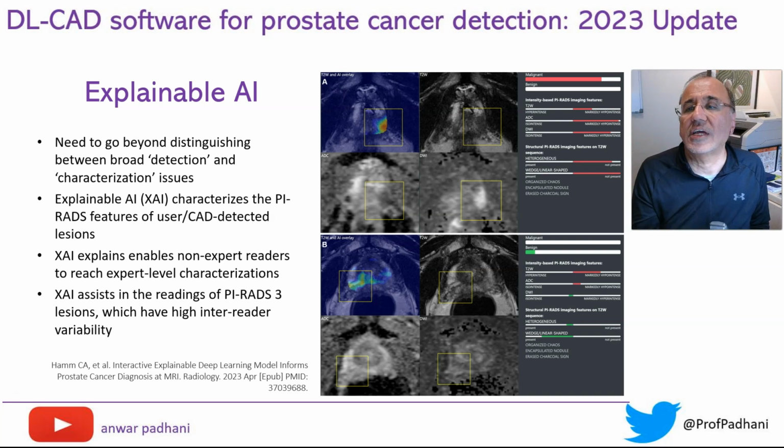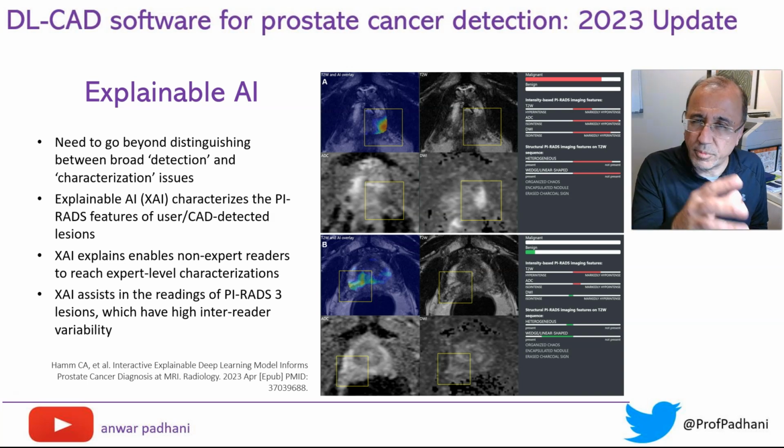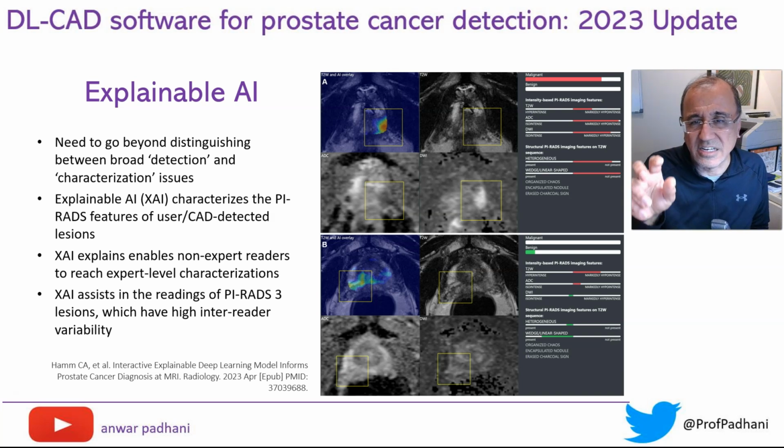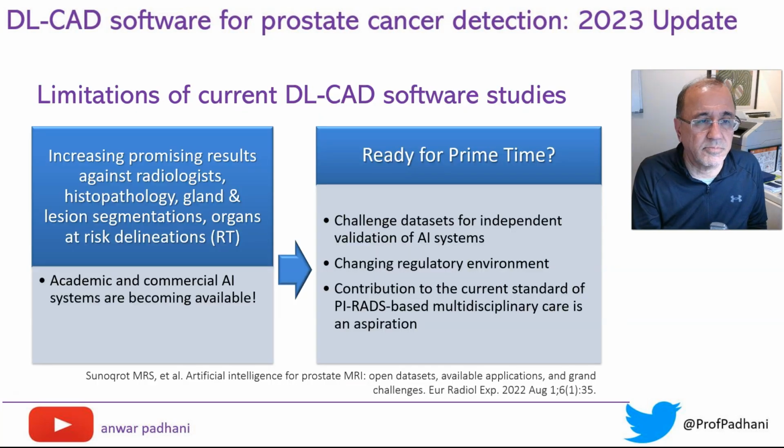So it would tell you if something is hyperintense, whether it's linear, whether it is heterogeneous, whether it's encapsulated, etc., etc. So you can see how there is a move from the broader detection characterization issue to a more detailed explanation of what AI is actually seeing.